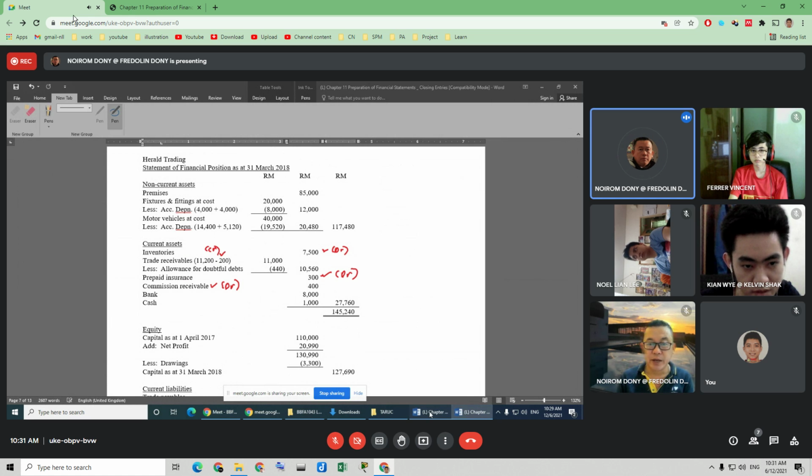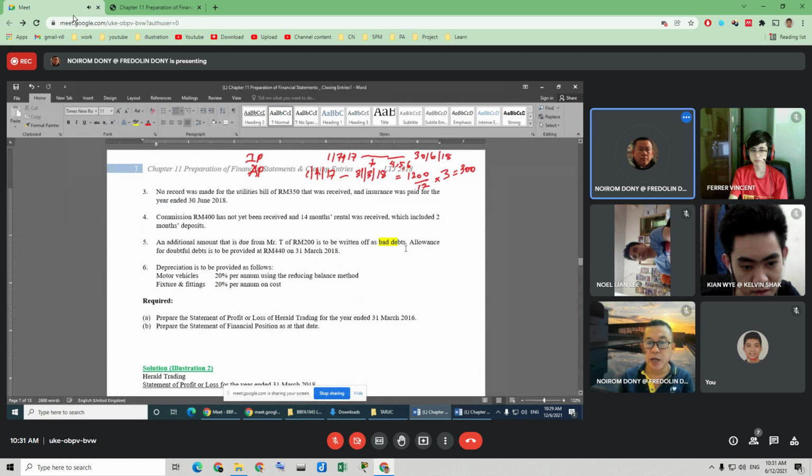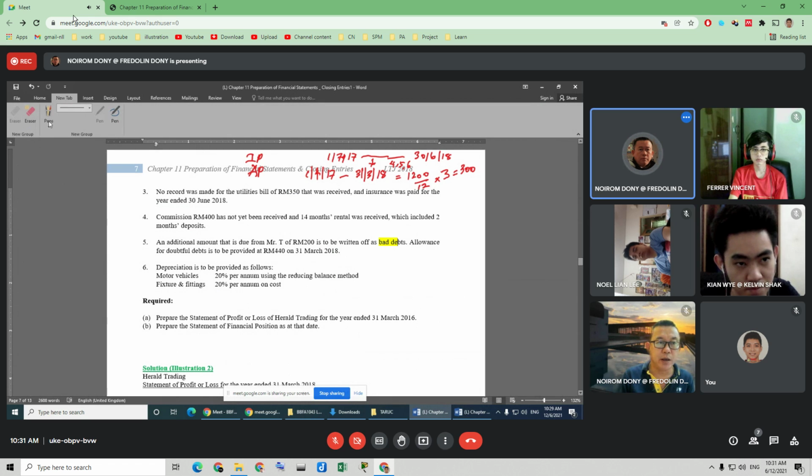Okay, now the next one is allowance for doubtful debts is to be provided at 440 on 31st of March. So meaning 440 has already been calculated for you, you don't have to calculate. So look at what your opening balance is.